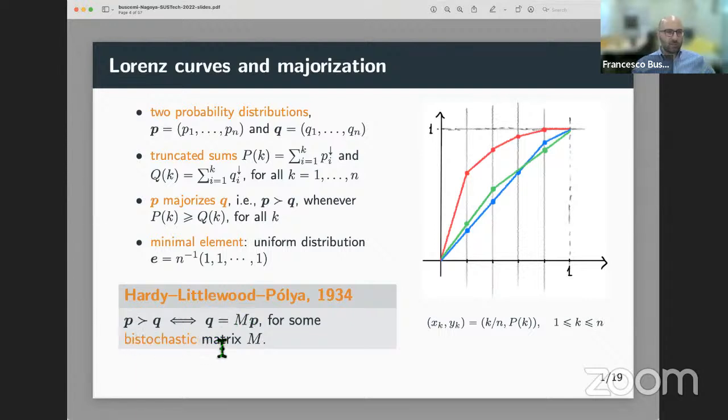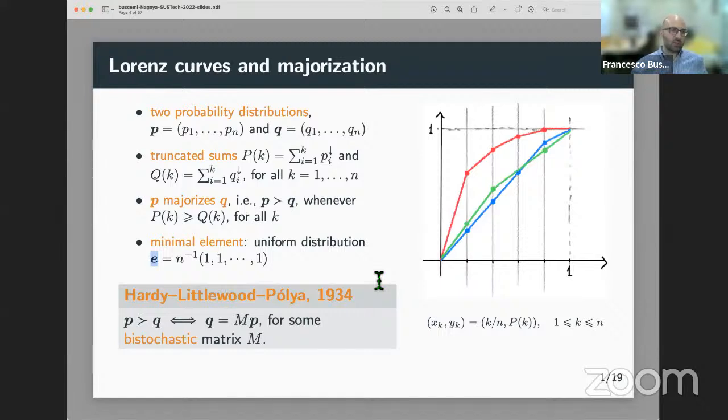This is a matrix whose elements are all non-negative, and both sums over rows and sums over columns all give 1. So essentially, this matrix transforms normalized probability distributions into normalized probability distributions and keeps the minimal element, the uniform distribution, invariant.